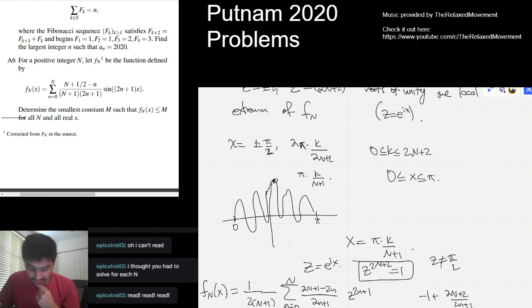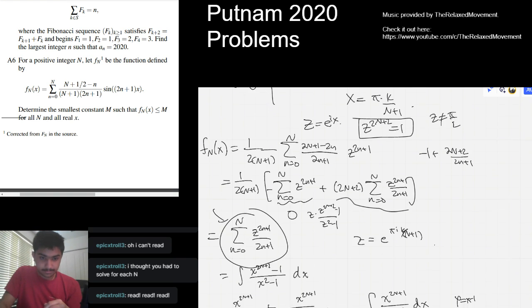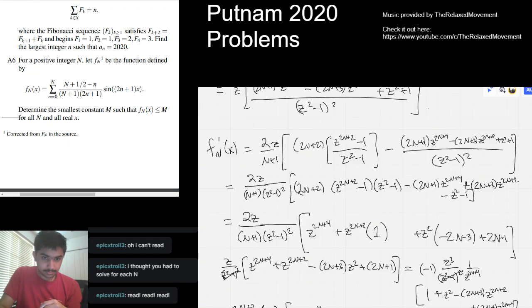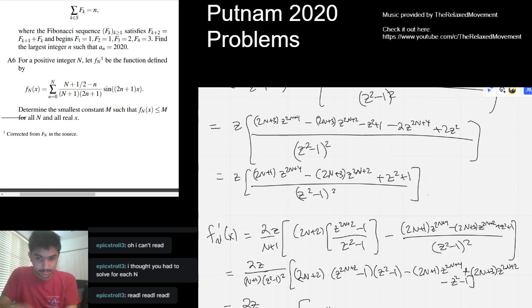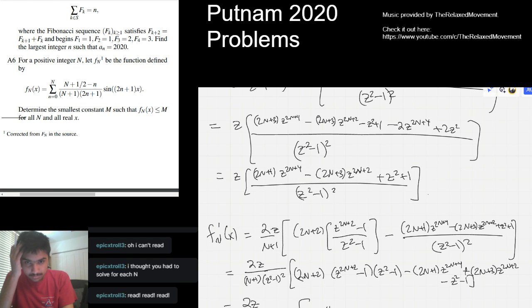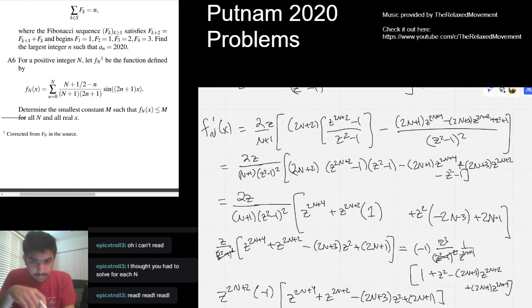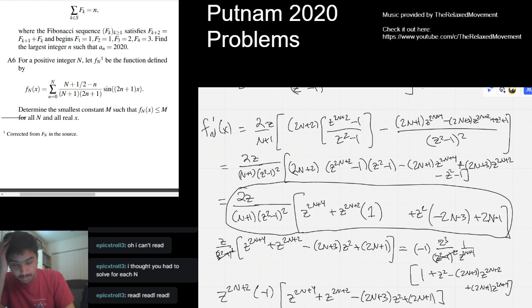Fn prime x is all this. So this is the expression that I'm caring about. This was apparently simplifiable, is the point.